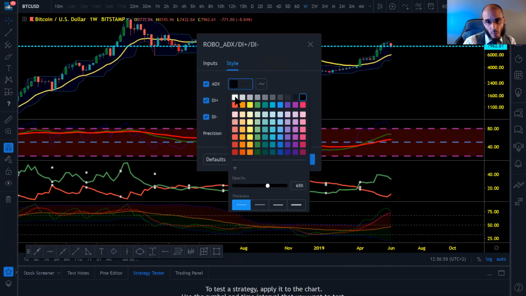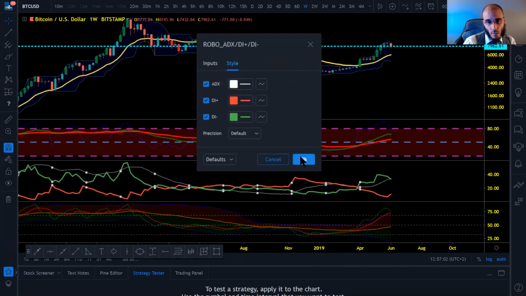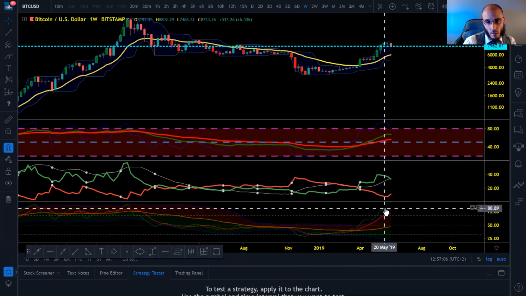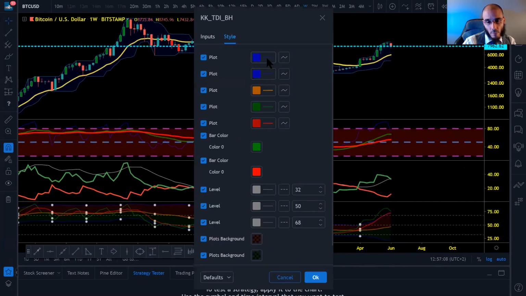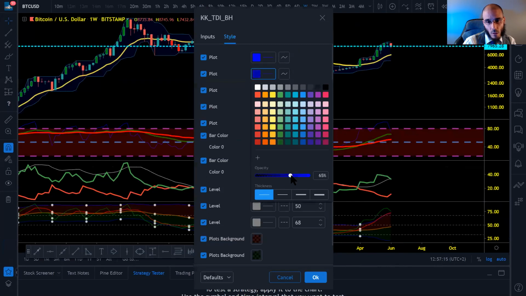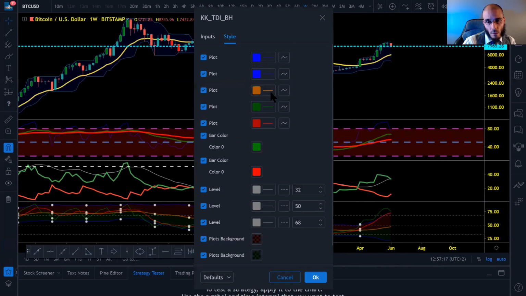I want this one to be white, so that I can see it. And that's all. The last indicator, let's leave it as it is regarding the colors.